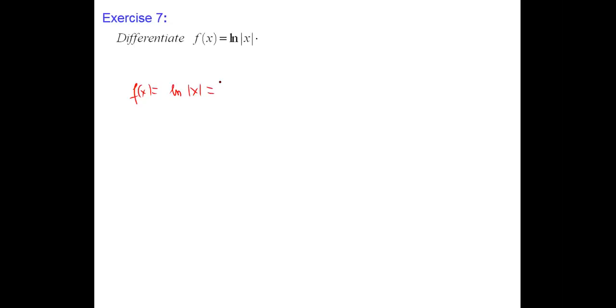In order to do anything with the absolute value, we have to rewrite without the absolute value. This means we will have ln of x if x is positive, and ln of negative x if x is negative, because if x is negative, this is still a positive value. Okay, and now we can try to differentiate.